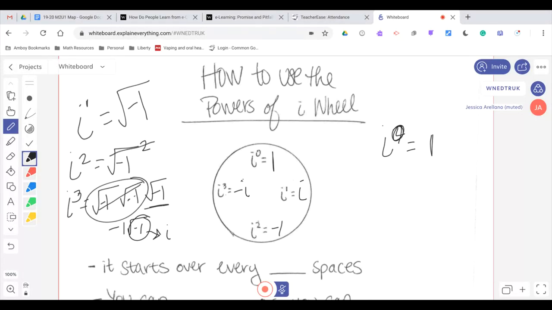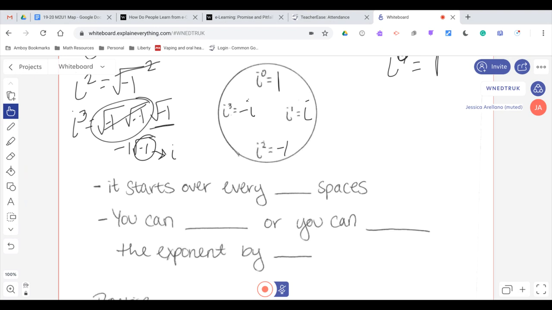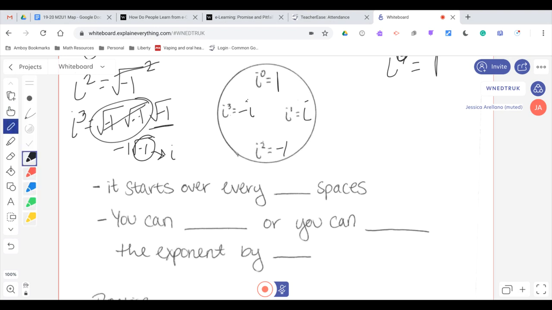I'm going to come back up to this wheel, but let's fill in some of these blanks. This wheel, or this pattern, starts over every 4 spaces. So when you're dealing with larger exponents of i, you can either literally count around the circle, or you can divide the exponent on i by 4.